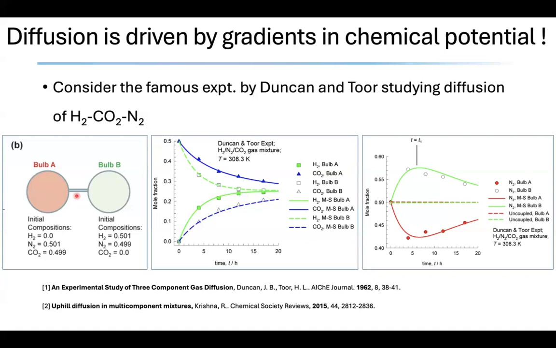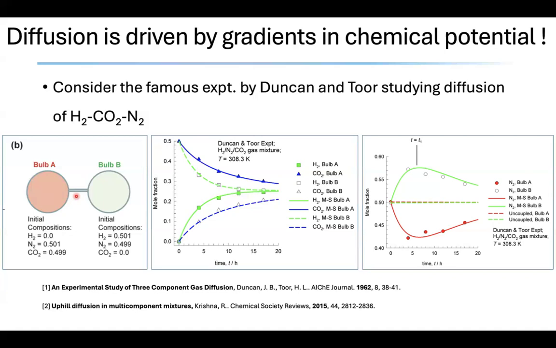Thus, there's a cooperative effect between hydrogen and nitrogen, which contributes towards the mass transfer. Thus, there's a clear coupling between the motion of the different molecules.